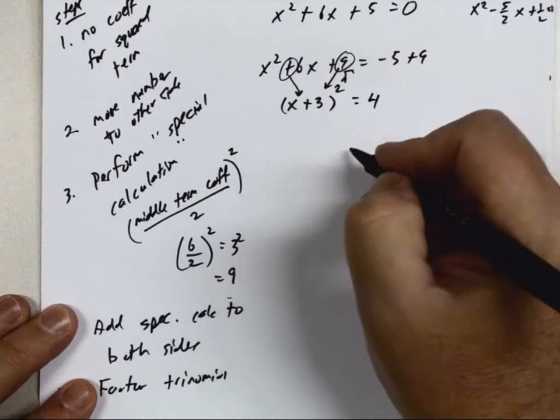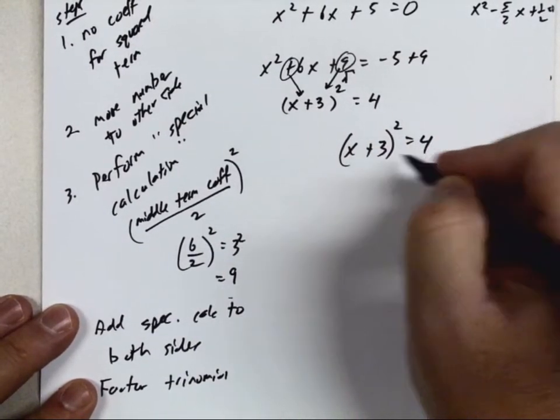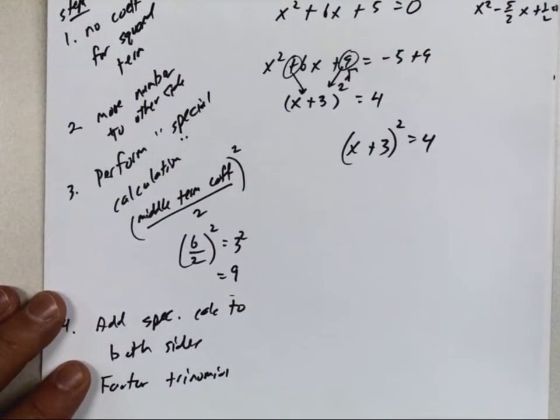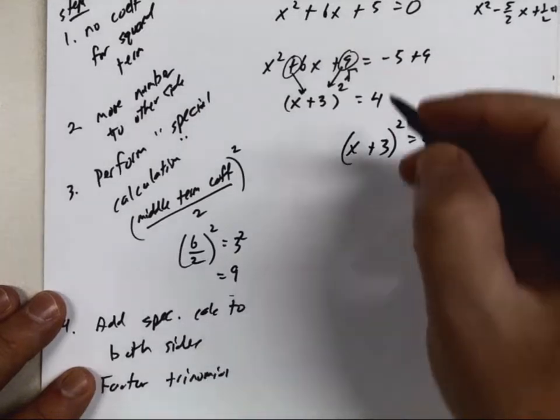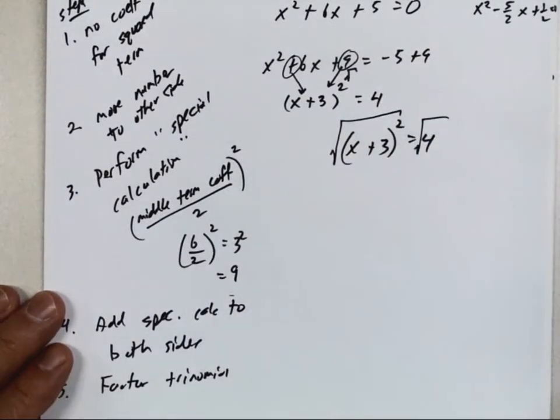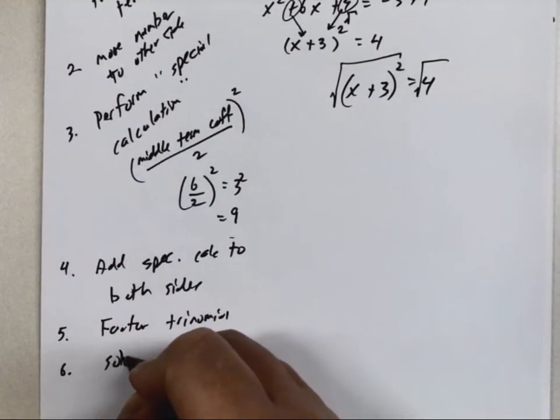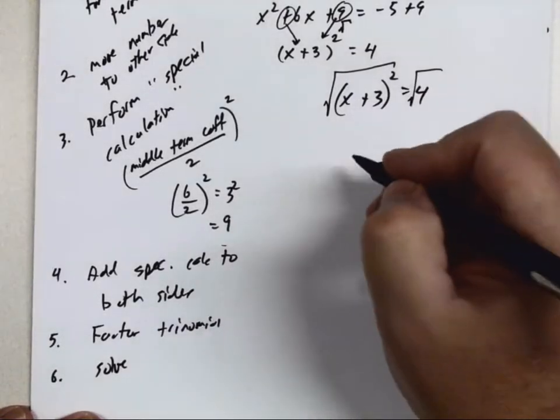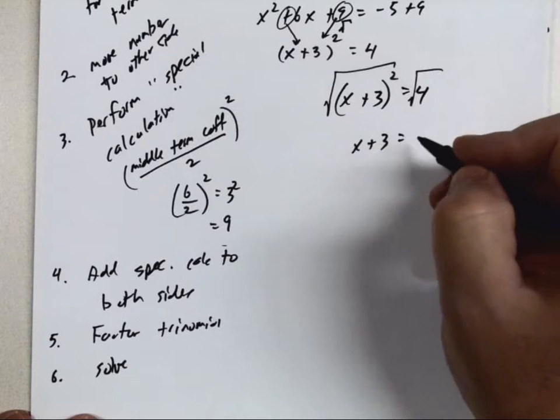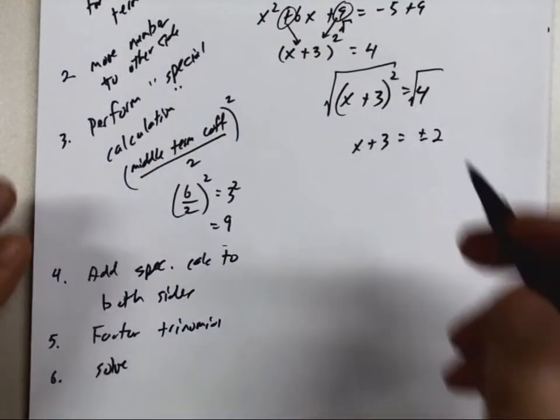Add these together. So look what I have here. This looks just like the problem I had when I said use the square root property. As a matter of fact, that's what I'm going to do to finish solving this. The last step is just to solve. Square root of both sides, which would be x plus 3. Square root of 4 is plus or minus 2.